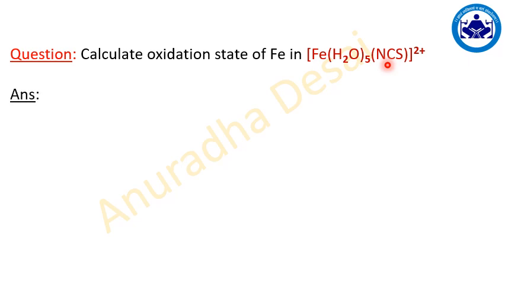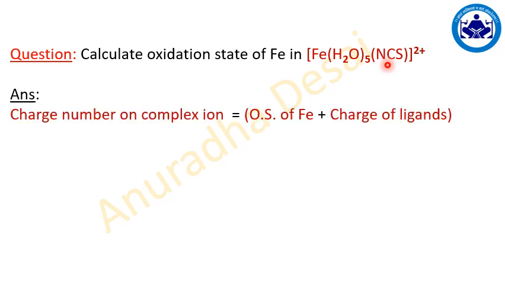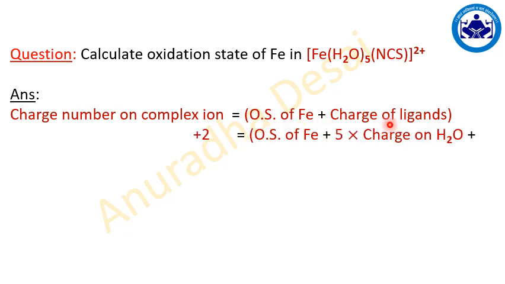Now how to solve this question? Obviously my first step is to write the formula. Formula is charge number on complex ion is equal to oxidation state of Fe plus charge of ligands. Substitute the values. As I know charge number on complex ion is +2, so we are going to write +2 over here.